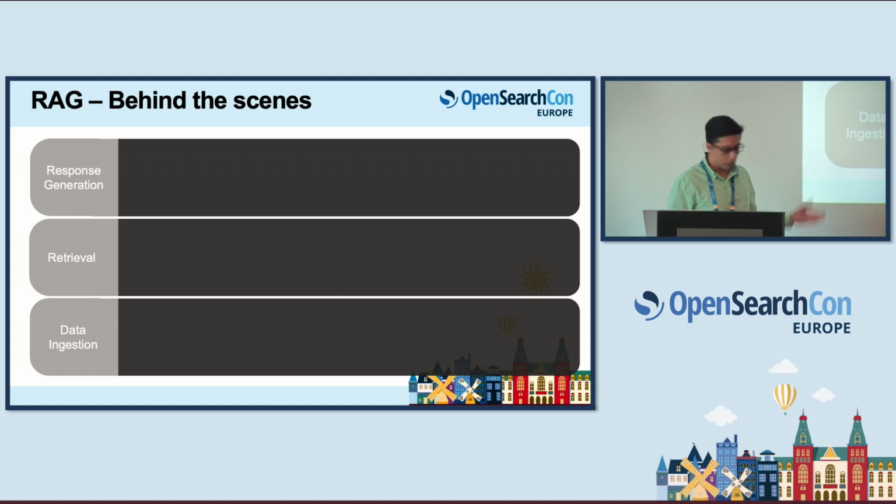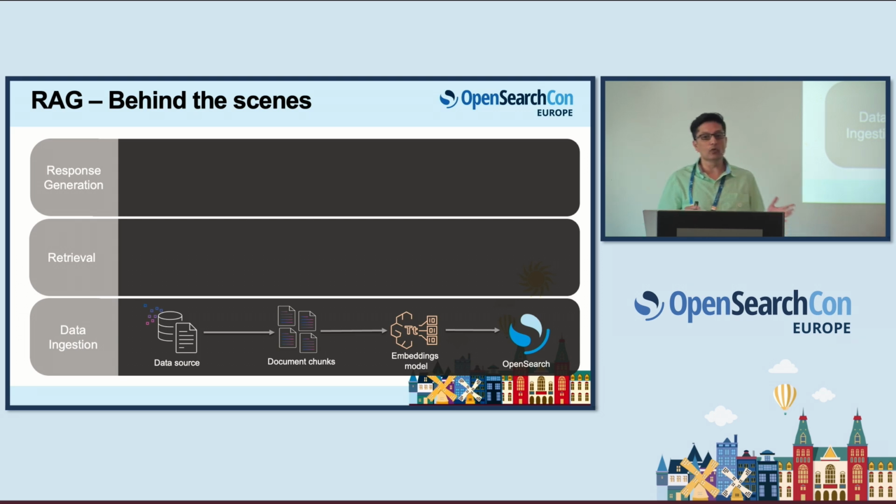So how does it work? It has basically 3 stages here, as you can see. The first one is data ingestion, where you specify your data source, where your documents are, which you want to use for ingestion. And then divide those documents into smaller parts. Those smaller parts, we call chunks.